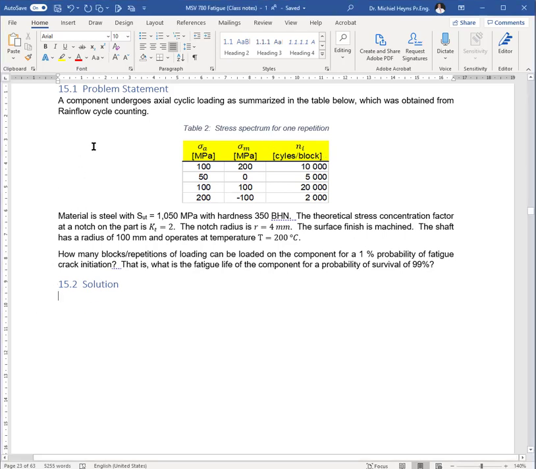Good. Let's continue. So in this case, our first step will be to determine the SN curve for the notched specimen.